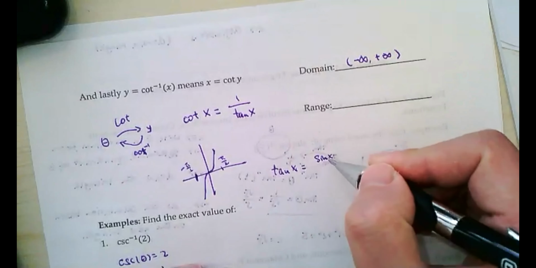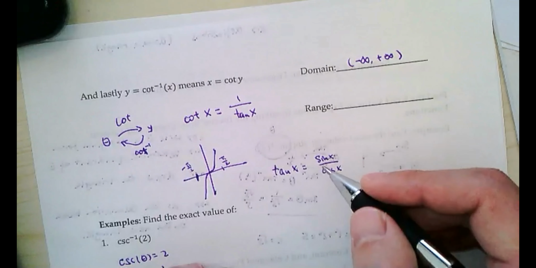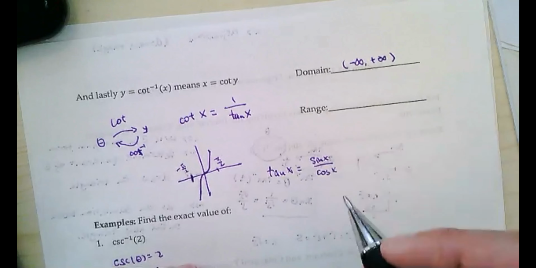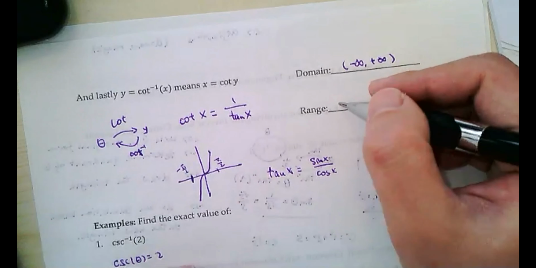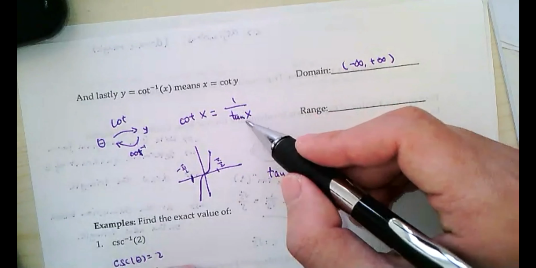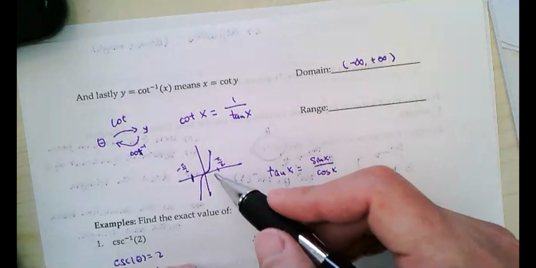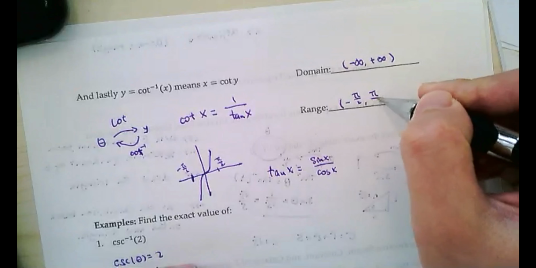It's sine over cosine, right? If you take x to be pi over 2, cosine of it is just 0. This fraction is hugely wrong. You got something over 0, which is not good. So it can never take pi over 2 or negative pi over 2. Just what I said, restricting the same way. However, you remove the bad points. So it is negative pi over 2 to pi over 2.